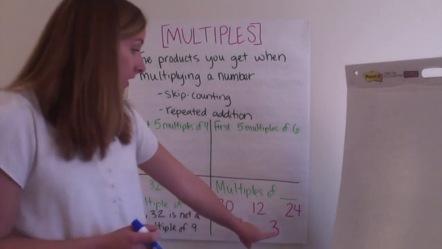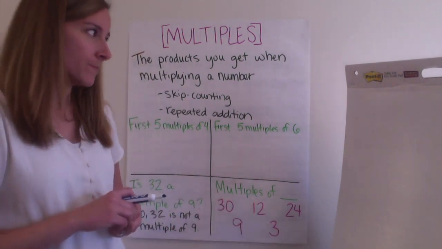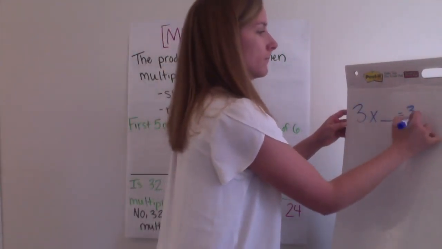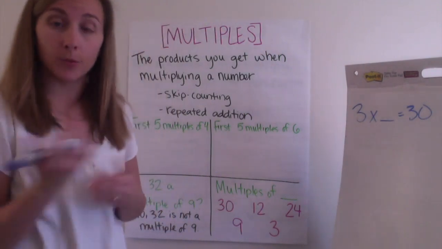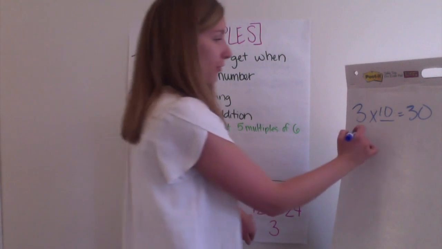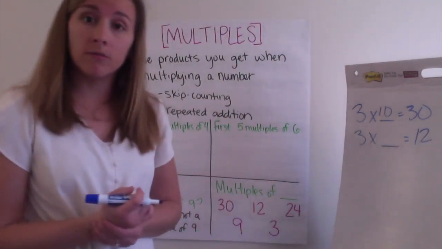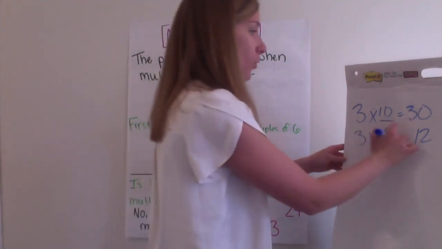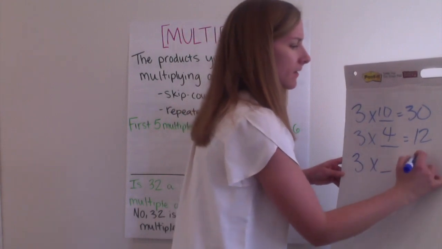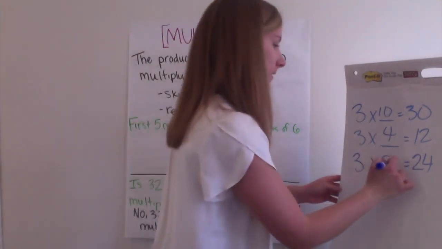I'm thinking about this 3, and I'm wondering, could you say 3 times something to get 30? Well, we could. It'd be 3 times 10. Could I say 3 times something to get 12? Well, we could. We could do 4. And then 24, 3 times something to get 24. Well, that's going to be 8, okay?